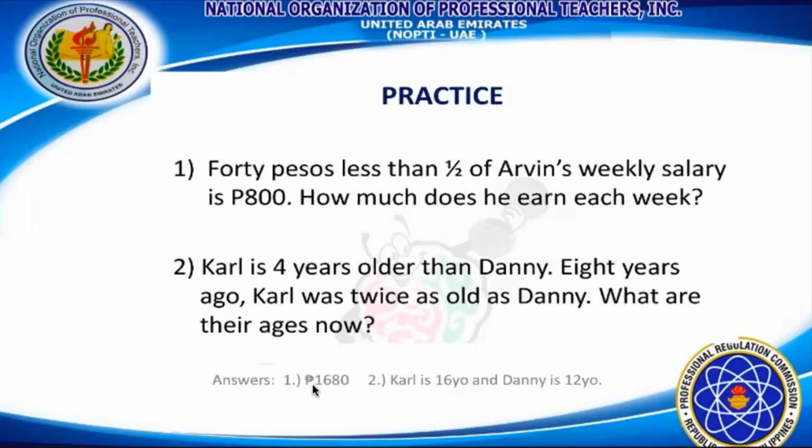Oh, andito yung answer. Number 1 is 1,680 pesos. Number 2, Carl is 16 years old and Danny is 12 years old.